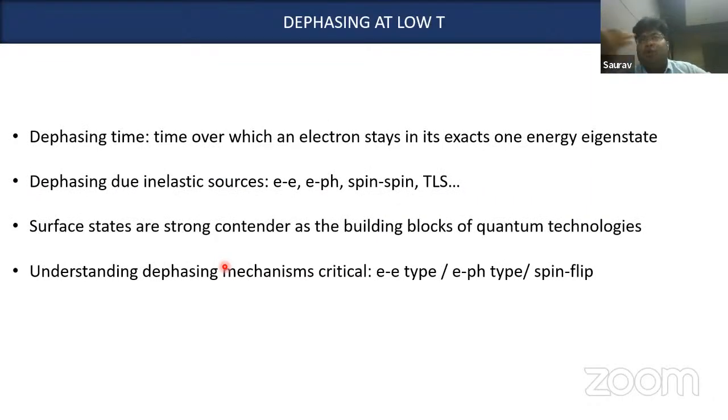Now, you have various kinds of sources which will lead to dephasing in these materials, for example, electron Coulomb interaction between electrons, electron phonon scattering, spin, or even two-level systems. Now, these surface states are being considered as the hardware component for several quantum technologies, and it is essential to understand the dephasing mechanisms in these materials, whether it's electron-electron or electron-phonon type.